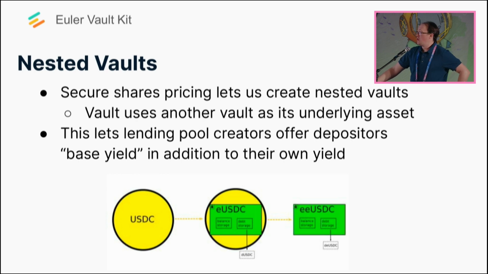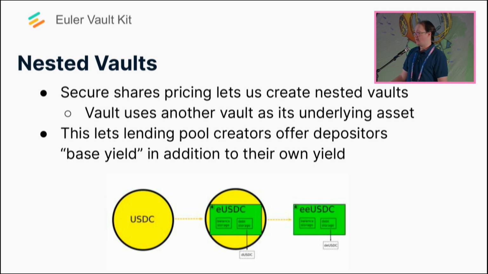One of the things that secure share pricing enables is this concept of nested vaults. And this is something we're still formulating exactly how it's going to work, but we're pretty enthused by the potential. The idea is that imagine you create another vault whose underlying asset is the shares from a separate vault, right? Just as an example, let's say you have USDC, that's the underlying asset. You create a new vault, let's call it eUSDC, right?